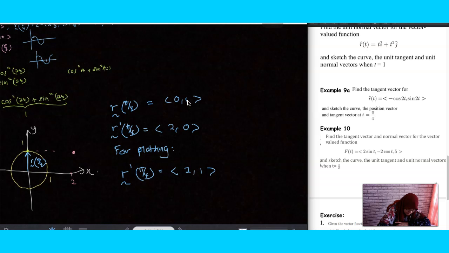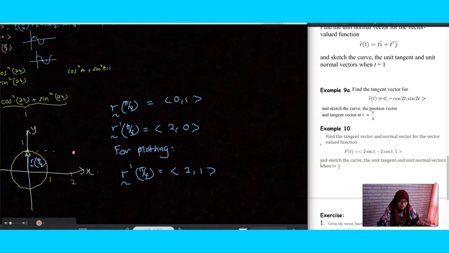Now how can you sketch and label it? Please don't put the arrow starting from the origin. If you do that, it is wrong, because that is only for the position vector. You have to start at your position.